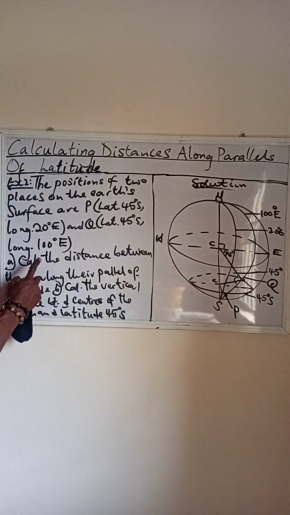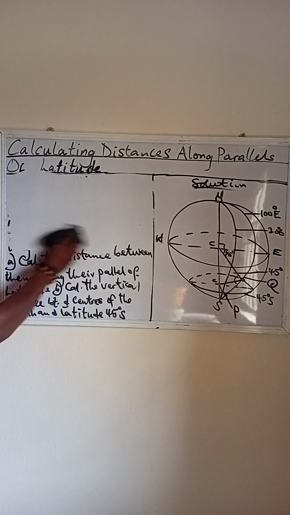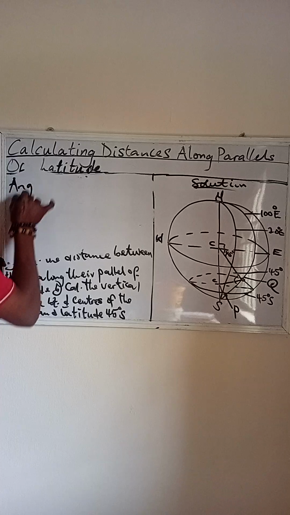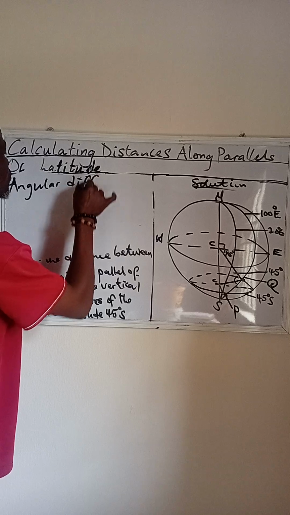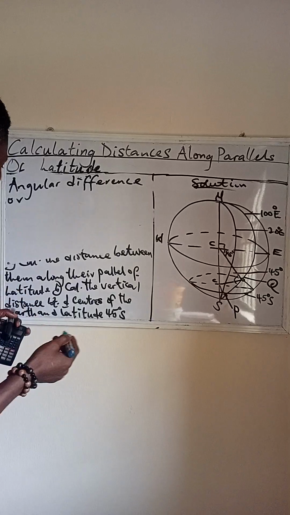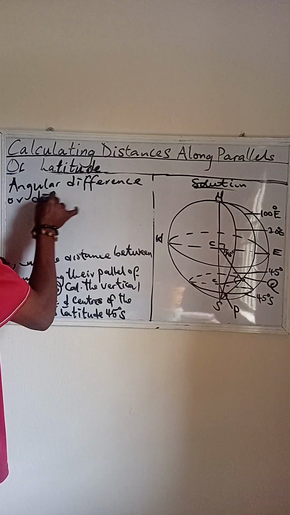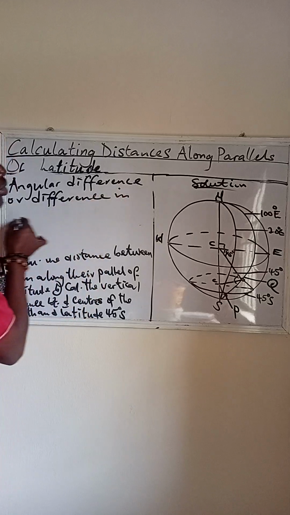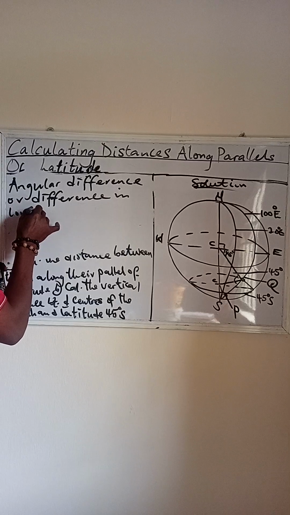Now let us go. What is the first question? Calculate the distance between the 2 points. What do you do? The angular difference. What is the angular difference? Difference in longitude.